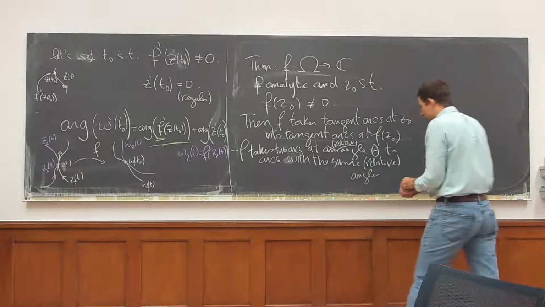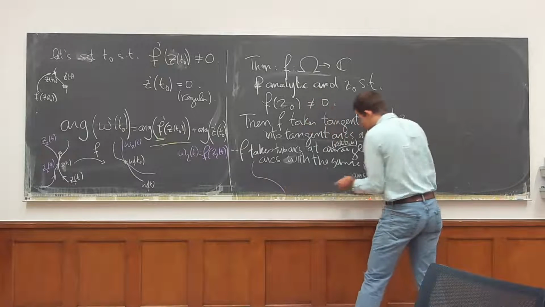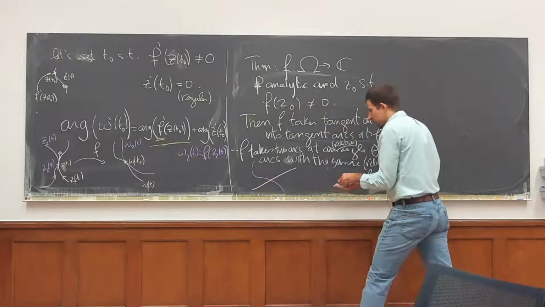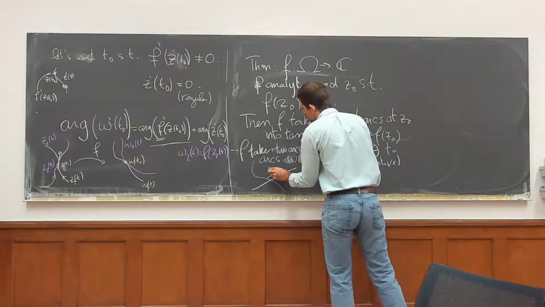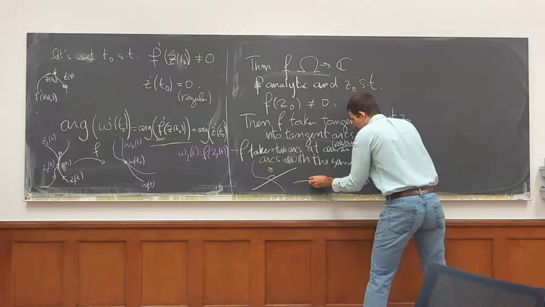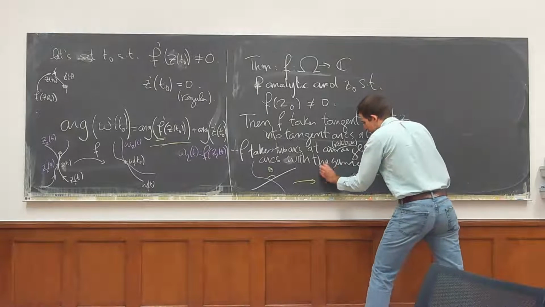Okay, and picture, it's nothing like a picture. So if I have something like this and something like this, and I have some angle theta, let's say, then f will take these two curves to some other curves.